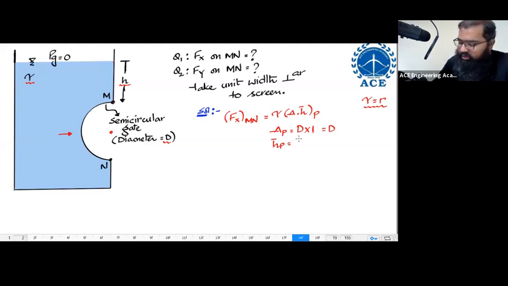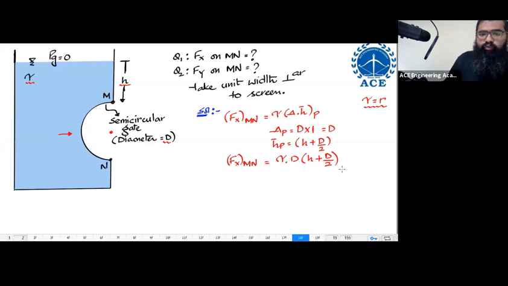So h bar has to be equal to H plus half the diameter, that is H plus D by 2. Now I have gamma, area projected, and h bar of area projected. Let me multiply these. So the value of Fx on mn will be equal to gamma times diameter times H plus D by 2.